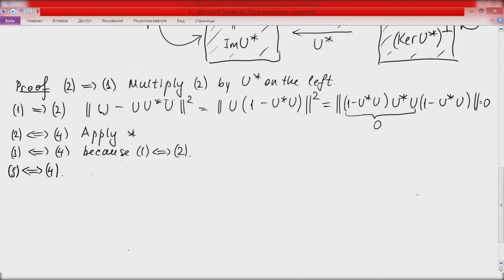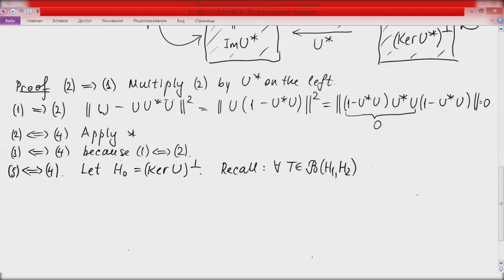Well, let H0 denote the orthogonal complement of the kernel of U. And let's recall that for each bounded linear operator T, the orthogonal complement of the kernel of T equals the closure of the image of T star.